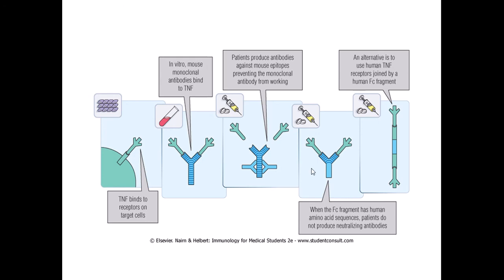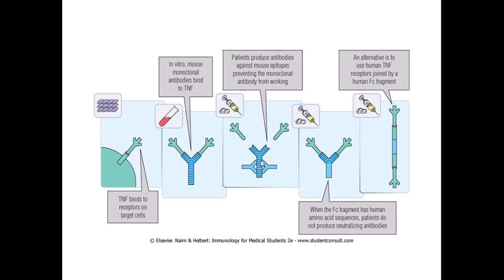So these are some of the new trends that we use in making factors to get rid of those cytokines, such as tumor necrosis factor, for example, making a recombinant receptor for the tumor necrosis factor to get rid of it. But if those do have foreign proteins, then antibodies against the foreign proteins could develop.